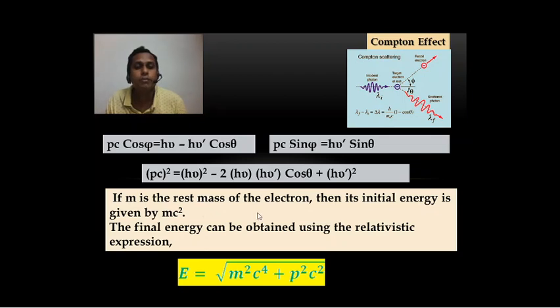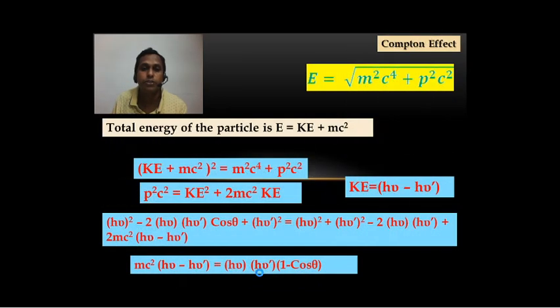If m is the rest mass of an electron and its initial energy is mc², then the relativistic expression for the energy E is equal to the square root of m²c⁴ + p²c². So this is the relativistic expression for the energy of an electron.